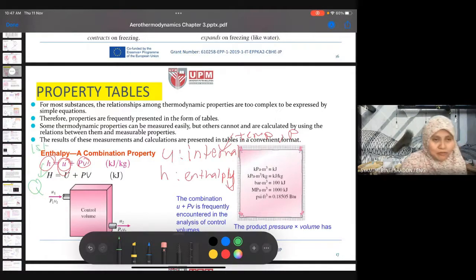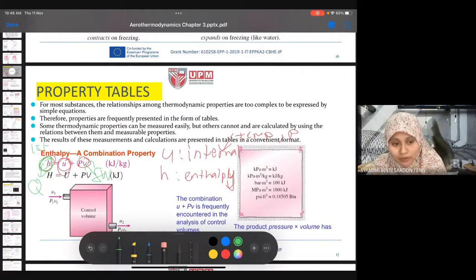Don't be confused: sometimes when I mention the first law, I use this enthalpy equation, and sometimes I use delta Q, delta W just now. It's actually the same. U is like delta U just now, and this PV is the work, delta W or dW, the work done.